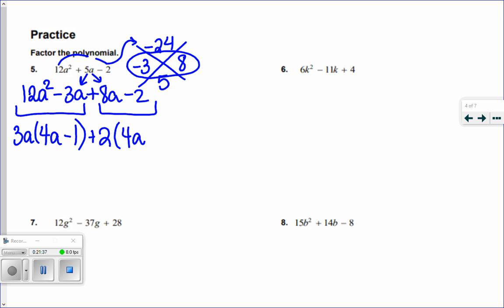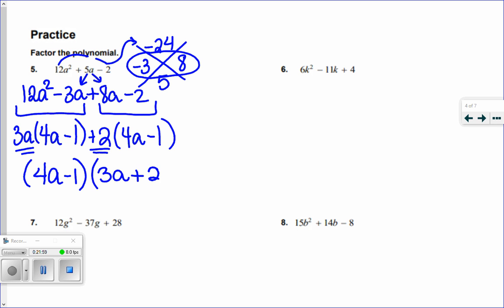Negative 2 divided by 2 is negative 1. And then we'll notice they have that common binomial factor, the 4a minus 1. They both contain that, so we'll factor that out. 4a minus 1 is one of our factors in the end, and the 3a and the positive 2 become the other parentheses. Okay?